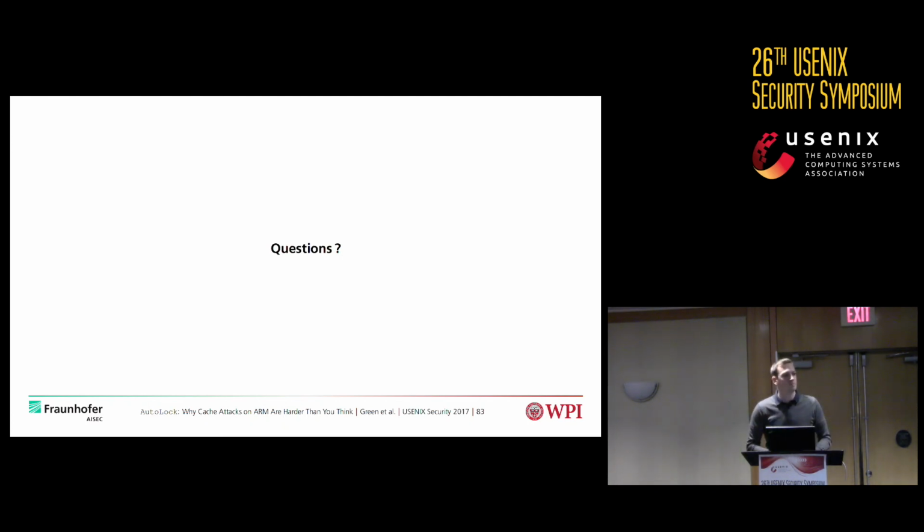Okay, thanks. Another comment is that I like the work on AutoLock, but that makes me question all the other ARM-based cache attack papers that are out there. If people didn't really see or experience this feature, then everything falls down into the water, all of these ARM-based cache attacks. How would you comment on that?